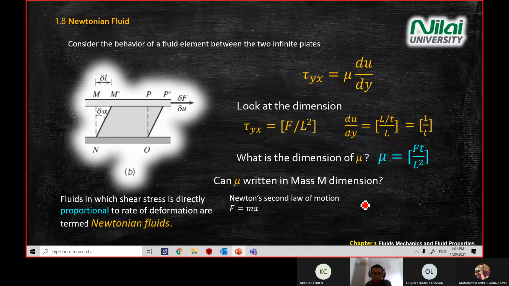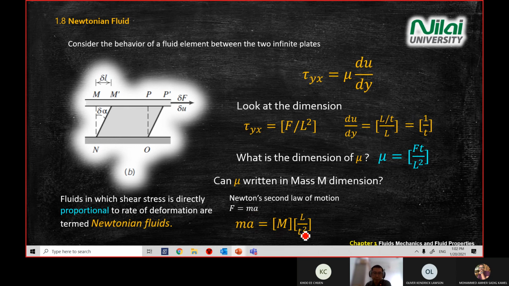So what if you try to write our mu in a mass dimension? Initially our analysis tells us that our mu, or viscosity, is in terms of force, time, and length square. Can we write it in mass? Because mass is more useful when we have a realistic case to analyze. So we start with Newton's second law, F equal to ma. M gives you mass times acceleration.